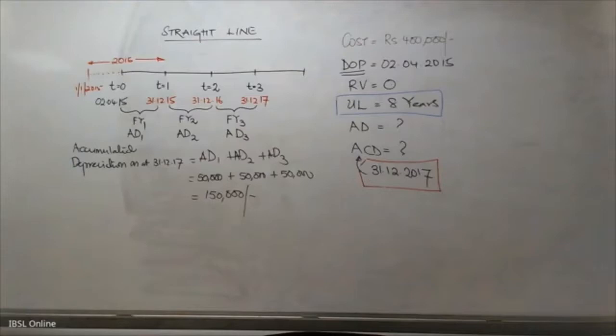Because January, February, March, the asset was not there. We are bringing in the asset only on 2nd April. Let's say it was 1st April. So you have used the asset only for 9 months in that year, but you are making a depreciation for 12 months, because annual depreciation means it is for 12 months.